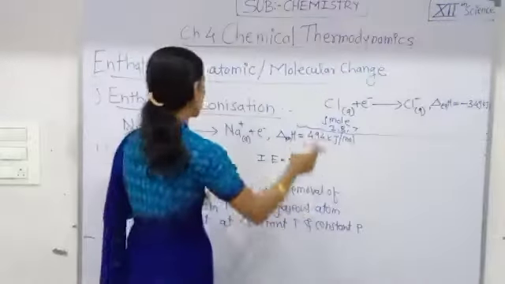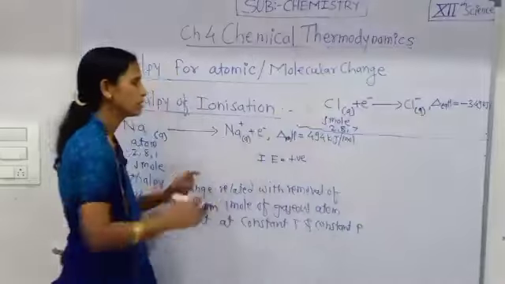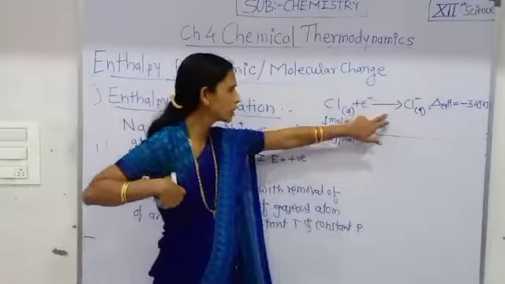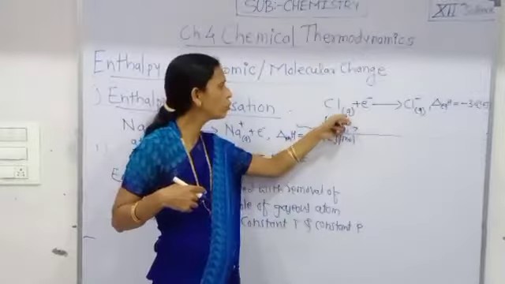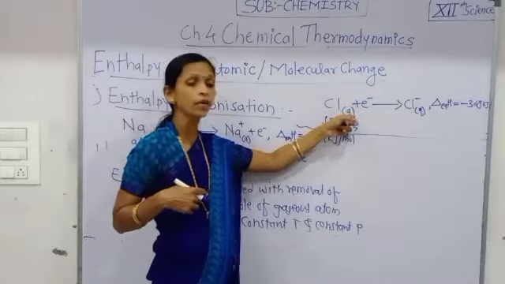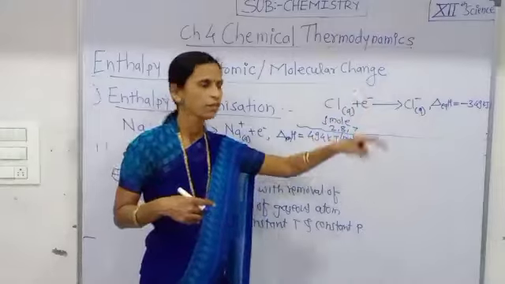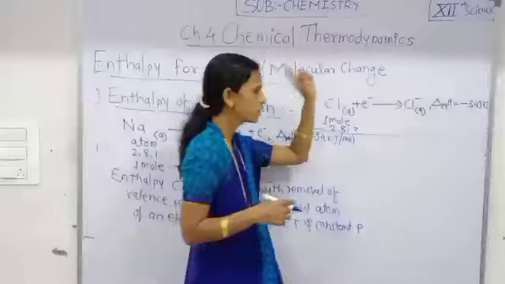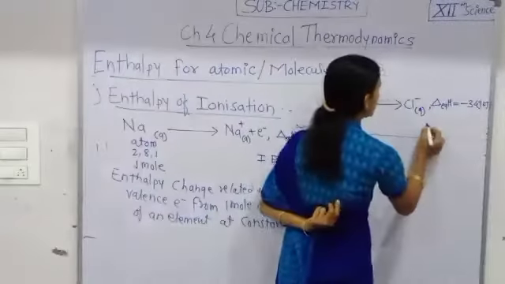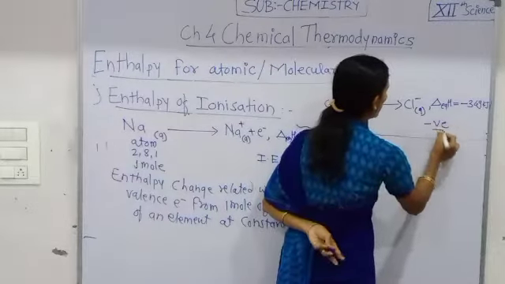This process is anion formation, where gain of an electron takes place by 1 mole of Cl atoms in gaseous state, and that is the electron gain enthalpy, which is always negative.